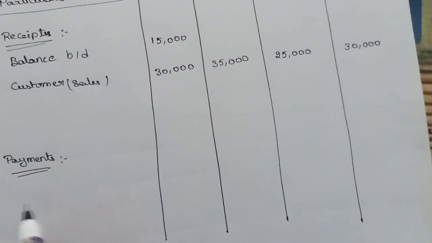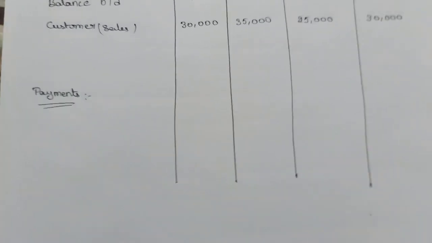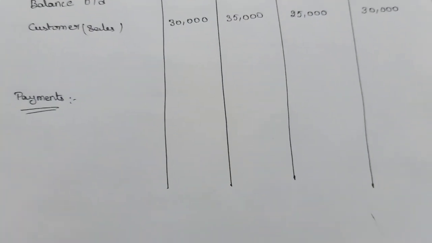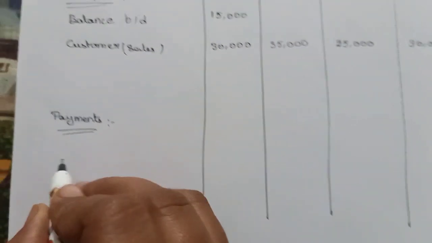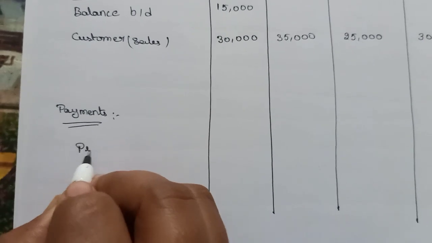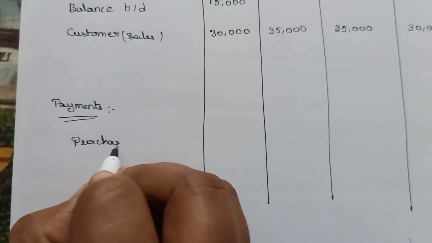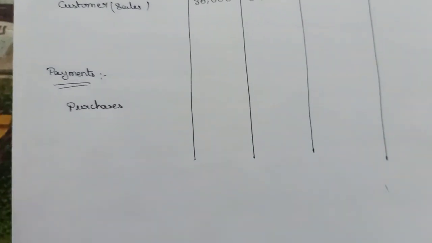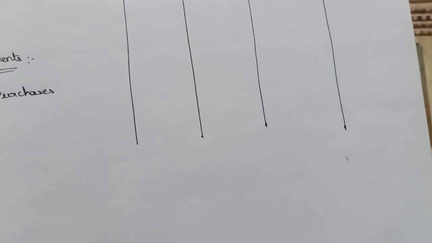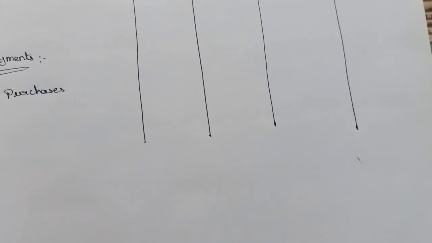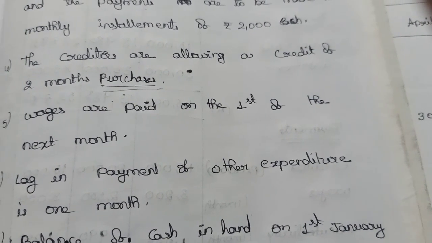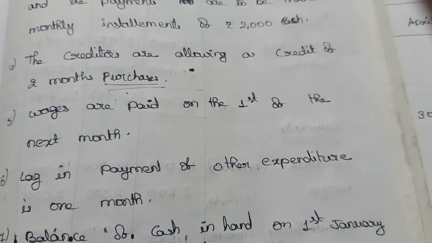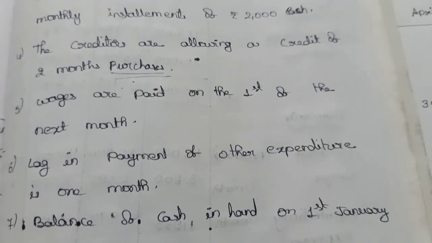Let us go to the payments. So what are the payments here? The payments is the purchases. So the first one is the purchases. In the purchases, what is that? Additional information is given. In the purchases, the creditors are allowing a credit of 2 months purchases.